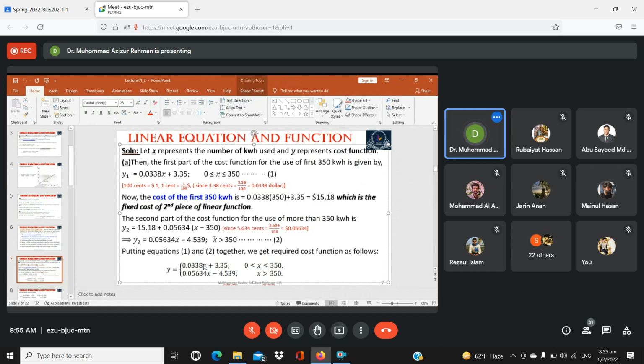So your condition is X is greater than 350. Combining equation 1 and equation 2, we get our required cost function. Y equals this for the first part, and Y equals this one for the second part. So this is the total cost function.